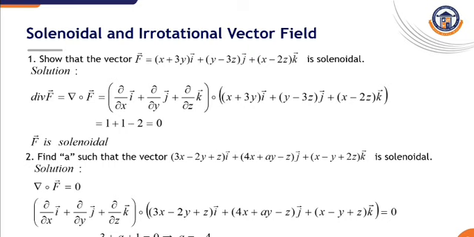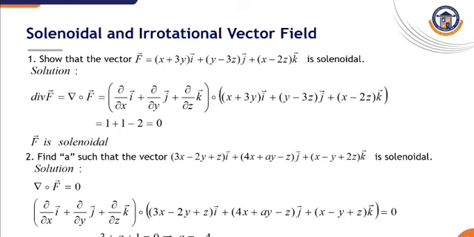Therefore the divergence of F vector is del dot F vector, where del is dou by dou x into i vector plus dou by dou y into j vector plus dou by dou z into k vector, applied to our F vector.